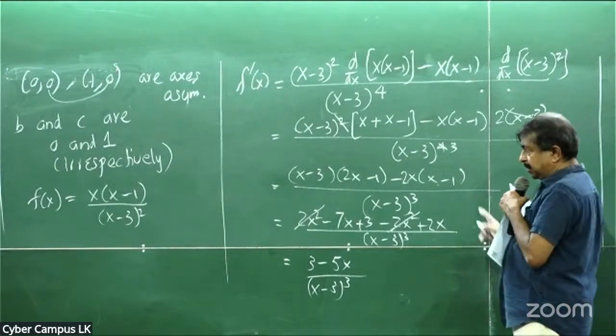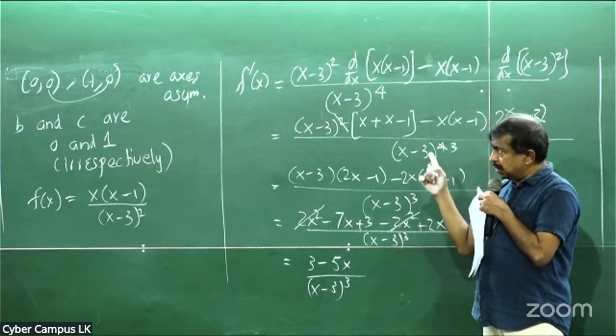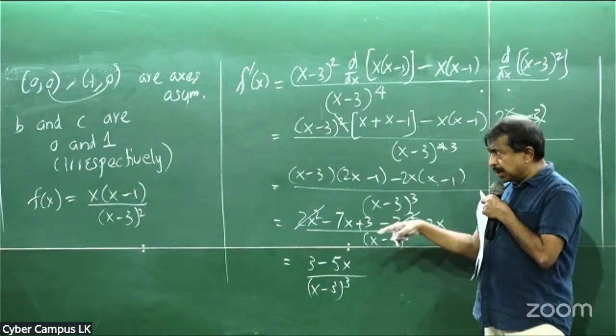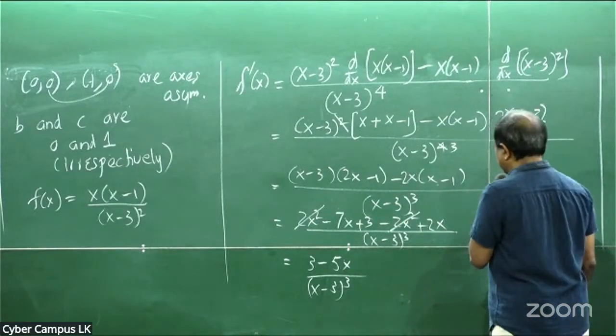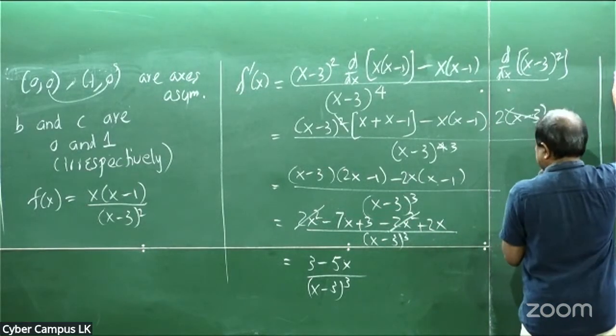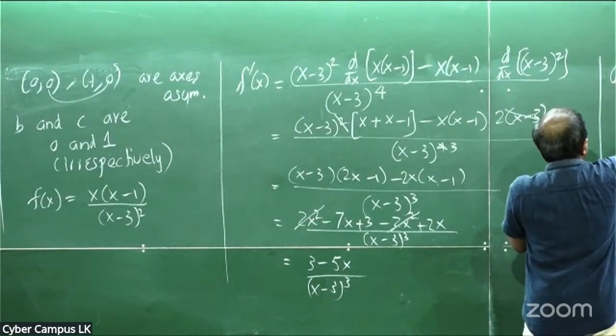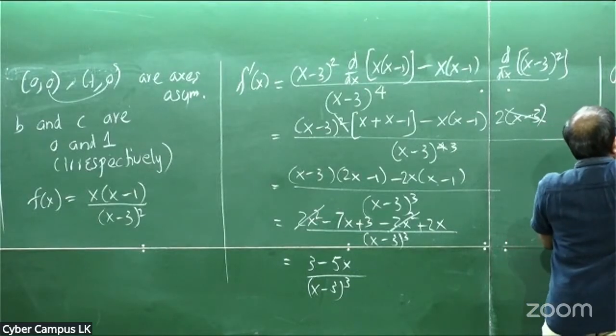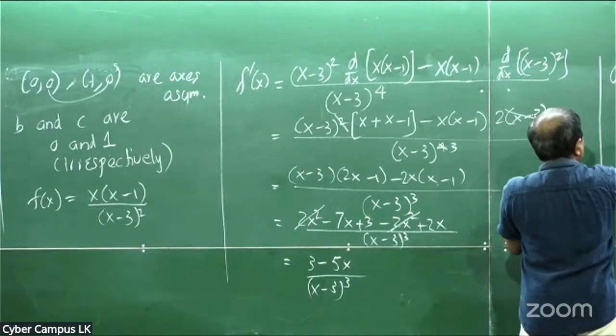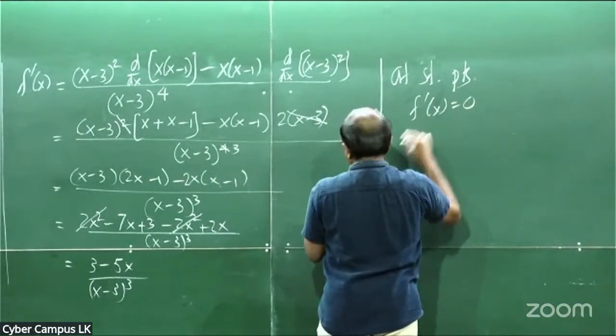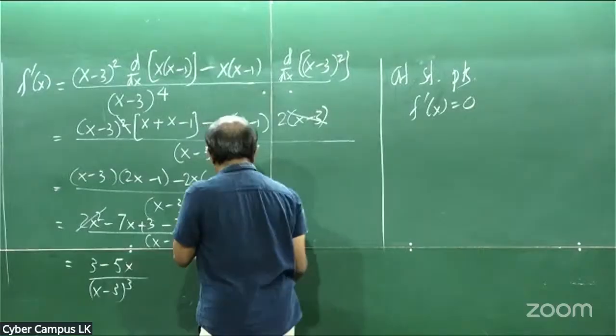We know the rest. We know the x-intercepts and vertical asymptote and everything, right? We need to find the stationary points. So the upstairs should be equal to 0.